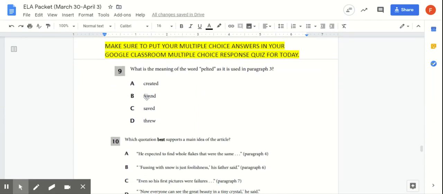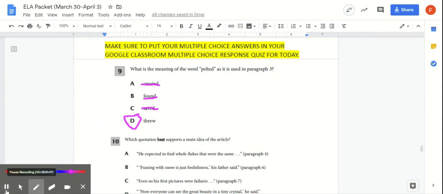Let's scroll down. The children didn't find the snowballs either, so that wouldn't work. Saved also wouldn't work here. Threw would be our best answer choice, right? The children threw the snowballs at roosting crows.